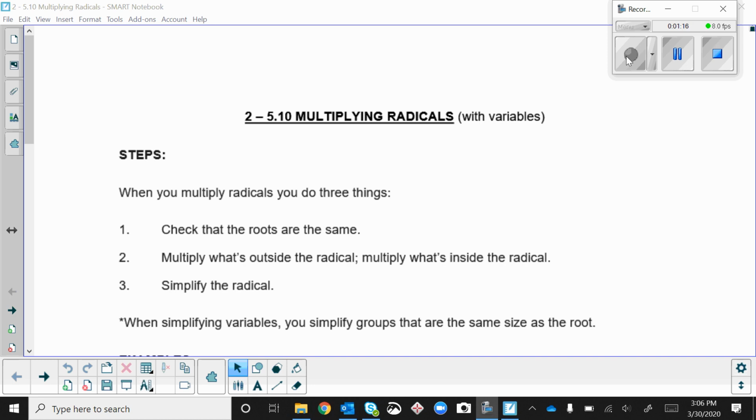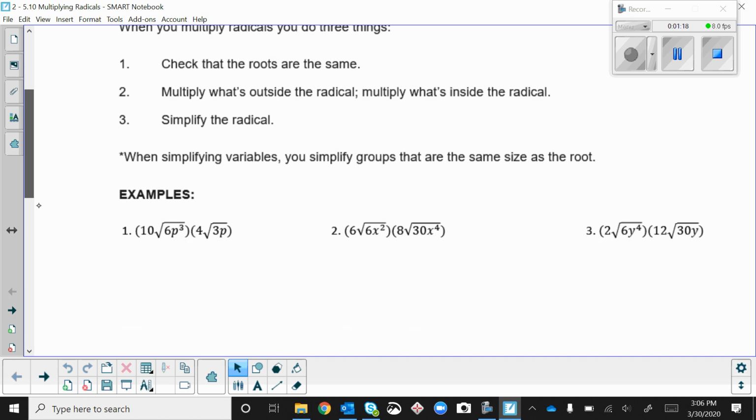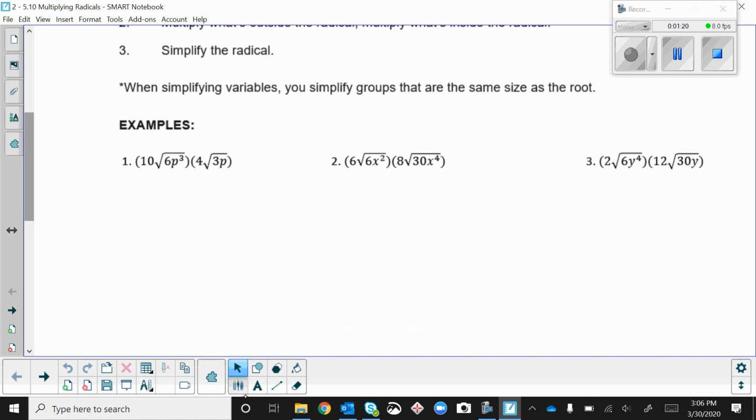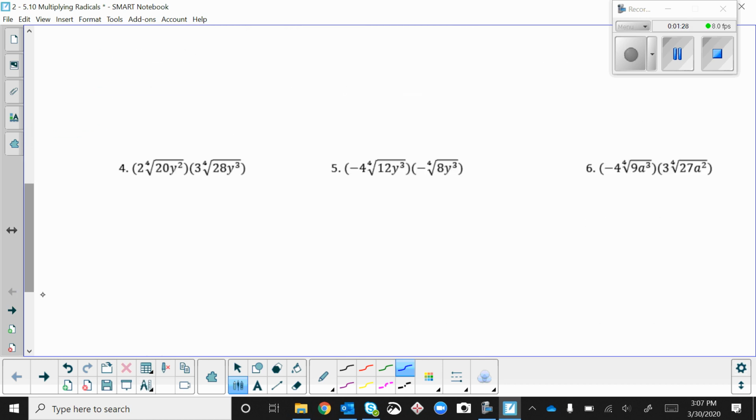I'll do one example from this top section, and one example from this bottom section. And then you can do the remainder of the problems on your own and check your work with the filled out notes. That's in Google Classroom.